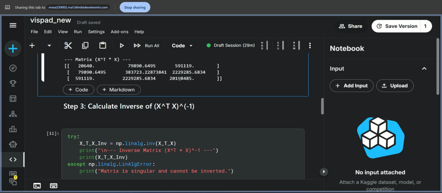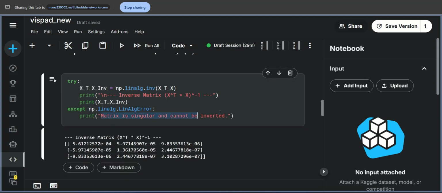In case it is a singular matrix, as we learned, especially if its determinant is zero, it cannot be inverted, right? So if the matrix has a determinant of zero, it will catch the error and say the matrix is singular, and you cannot find an inverse.